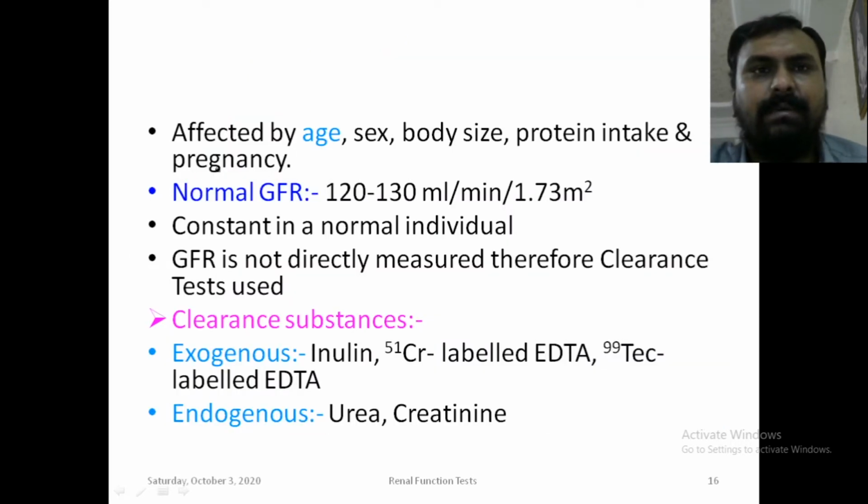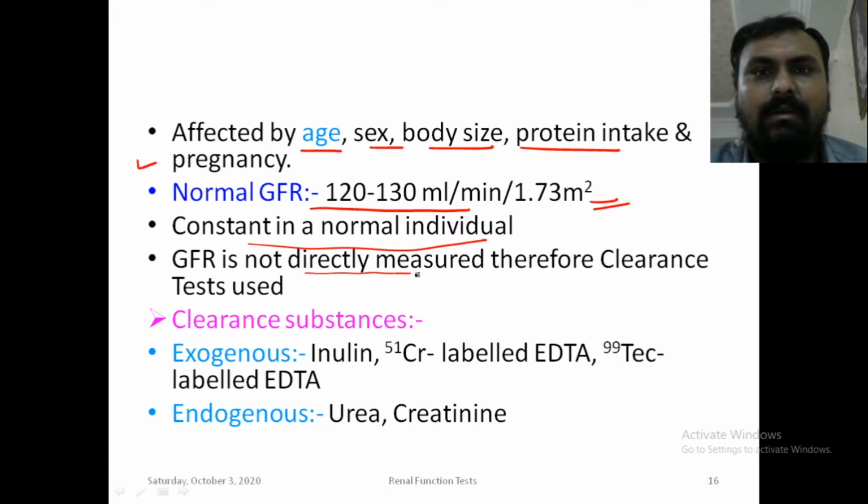GFR is affected by age, sex, body size, protein intake, and pregnancy. Normal GFR is around 120 to 130 ml per minute per body surface area of 1.73 square meters. It is constant in a normal individual. GFR is not directly measured, therefore we measure the clearance test. In clearance there are exogenous and endogenous substances.